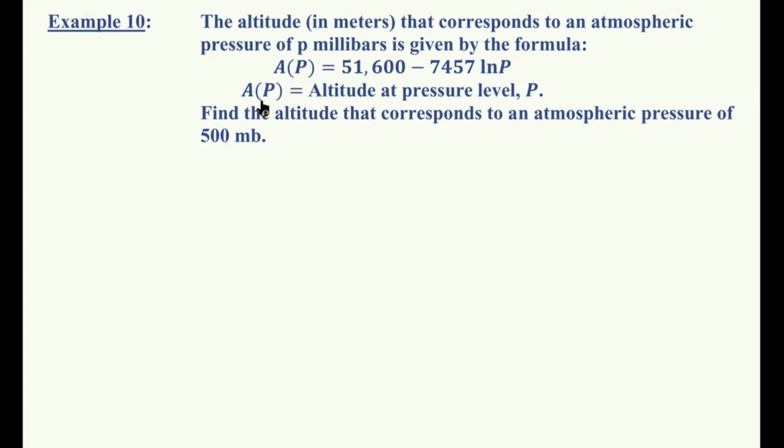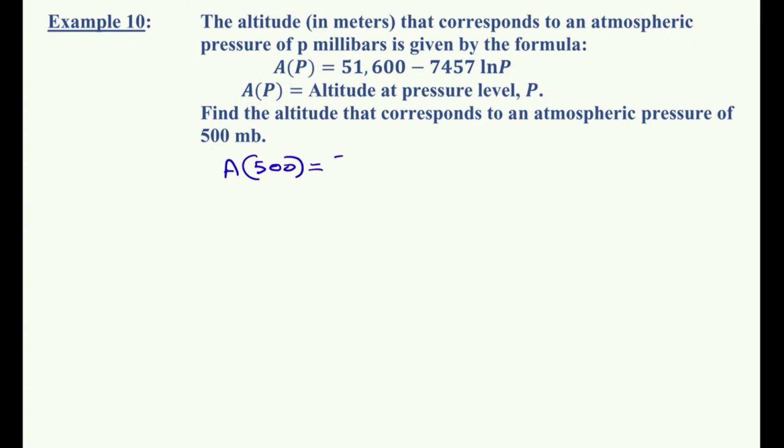A of P is altitude at pressure P. This is not multiplication, this is functional notation. You're presenting altitude as a function of the pressure. So P itself is the pressure. Since here we're given the pressure, and we're looking for the altitude, really what we're computing is A of 500.